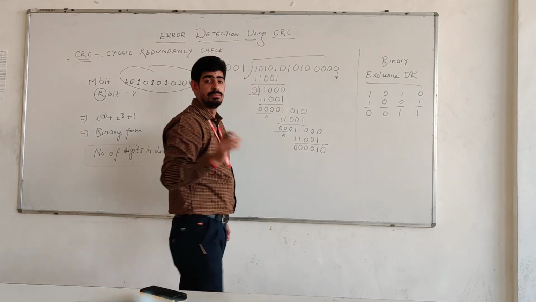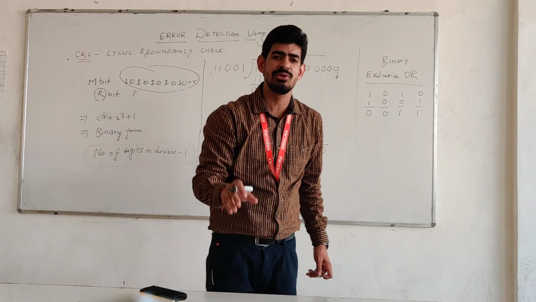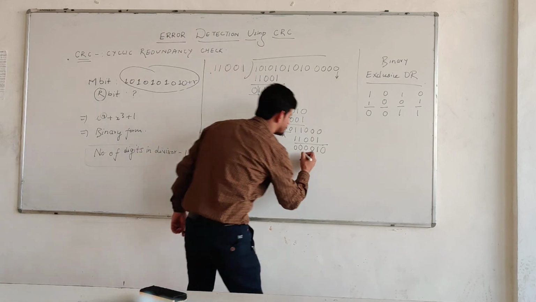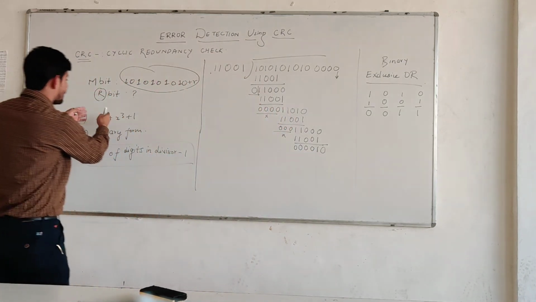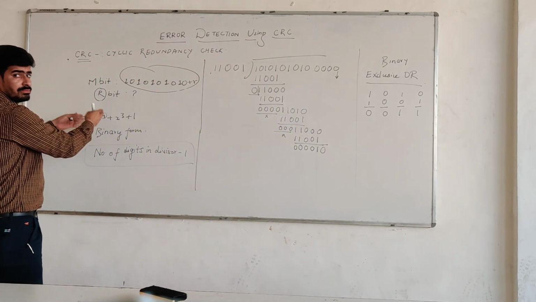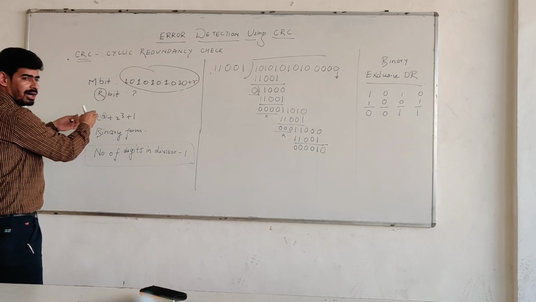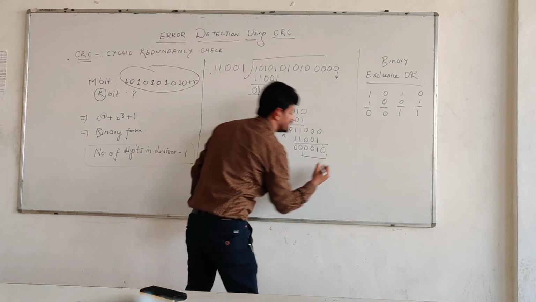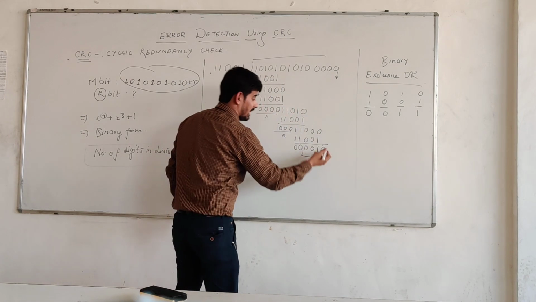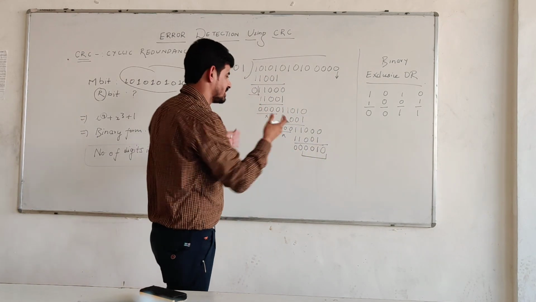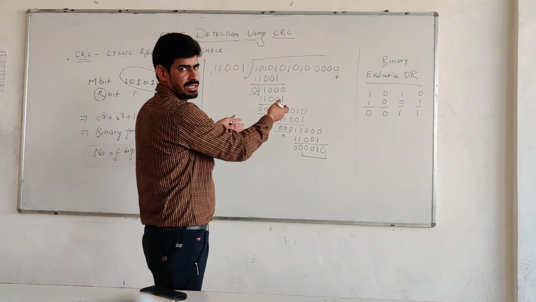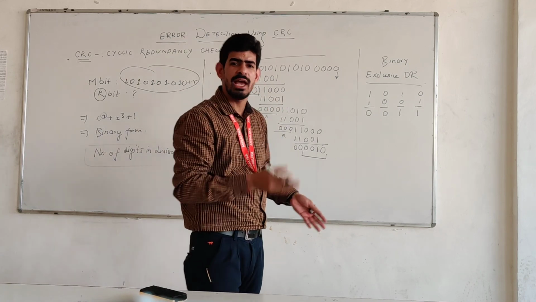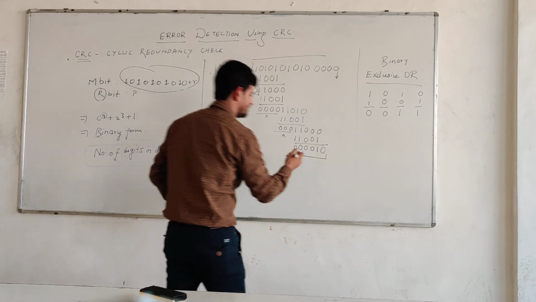Now the foremost thing we have to remember in this question is that we have to take the maximum power count in this remainder. So we will take 4 digits from here, 0010, and send this actual message to the receiver side. Now the further process will be executed at the receiver side.